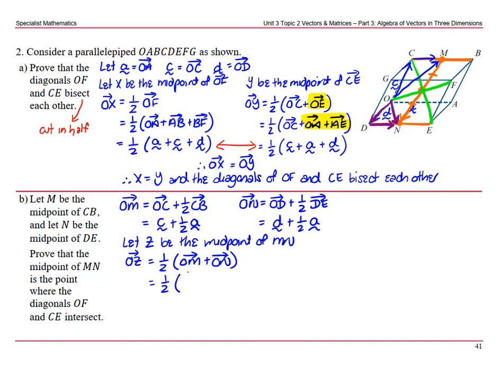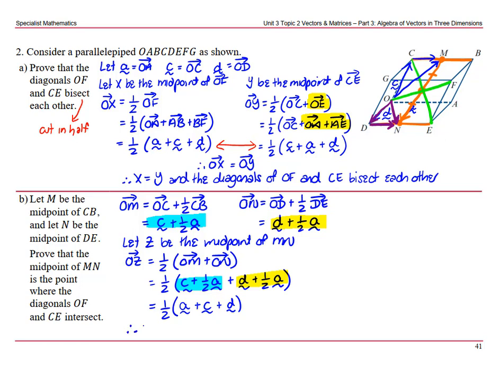Replace the OM, which we just found, as C plus a half A. Replace the ON with what we just found, which is D plus a half A. So see where they're coming from? Bring that together. We have a half bracket A plus C plus D.